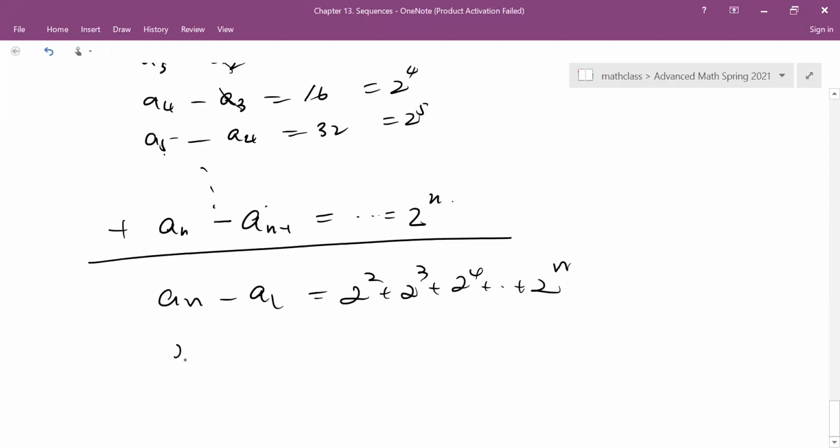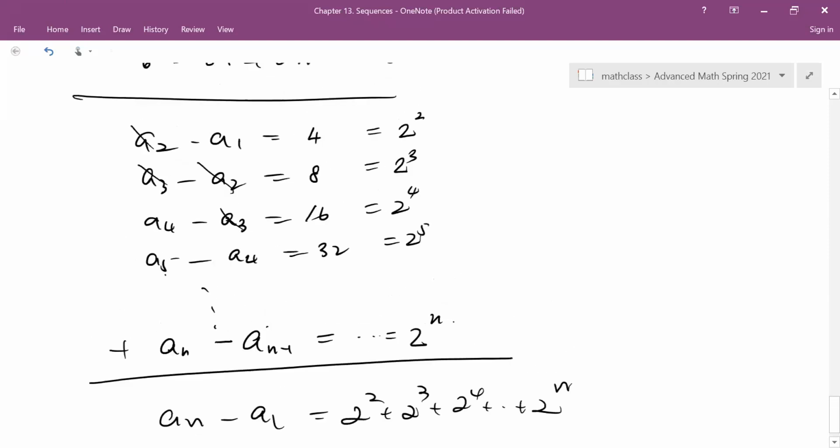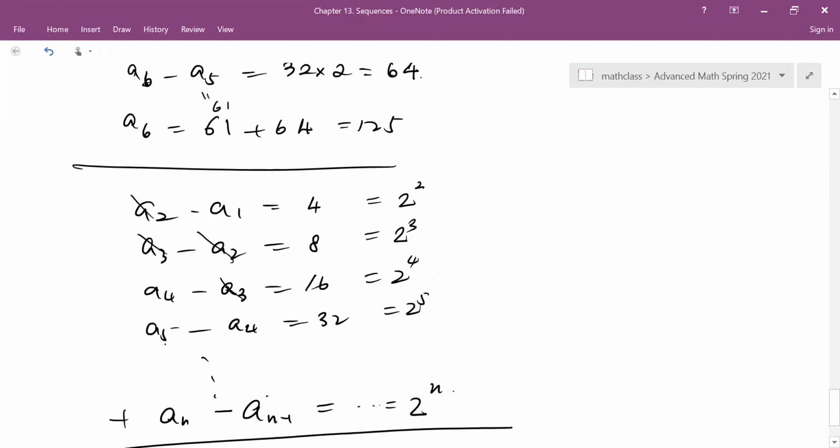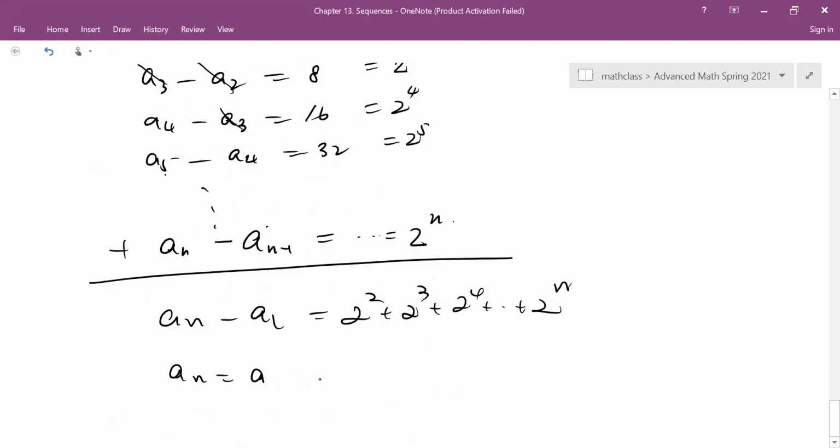And what is a1? The first term. The first term is what?